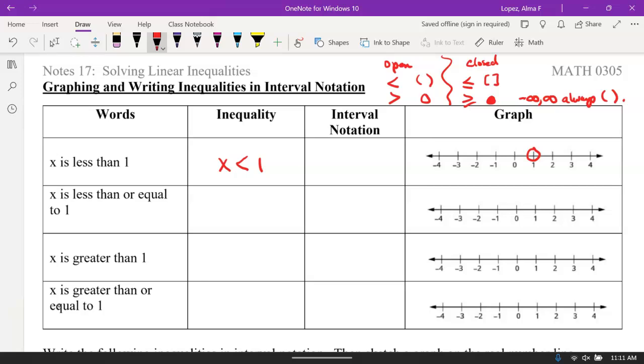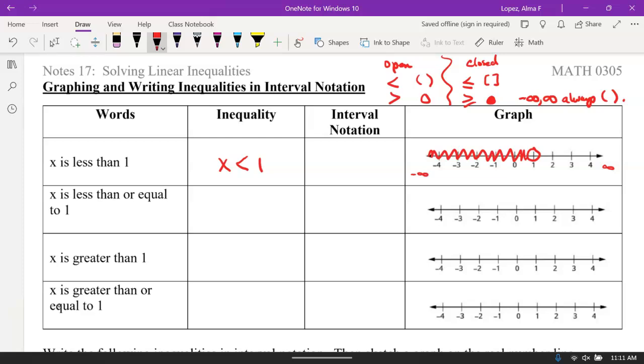After a little while, you'll actually know how to read it. X is smaller than, see how the smaller side is to the x? X is less than 1, so it's going to go to the left. The interval notation version of that is what you get when you read the answer from left to right. This number all the way out to the left on the number line is a negative infinity, and all the way out to the right would be a positive infinity.